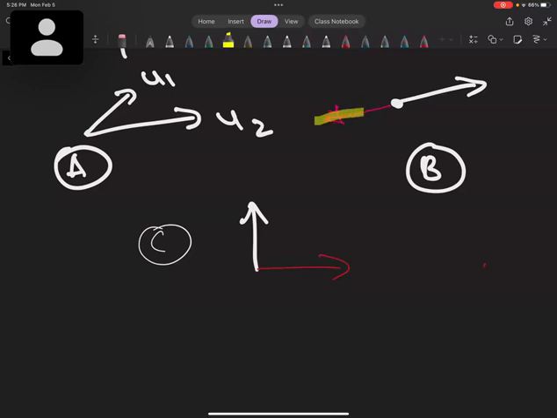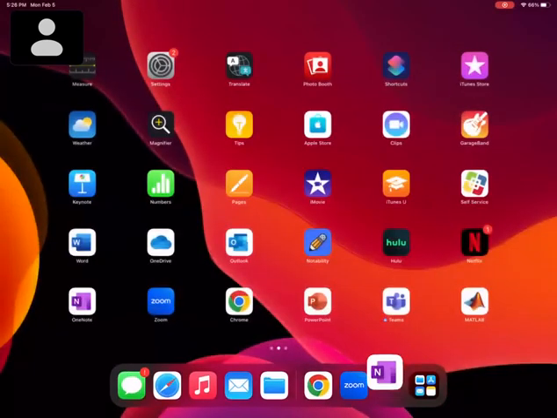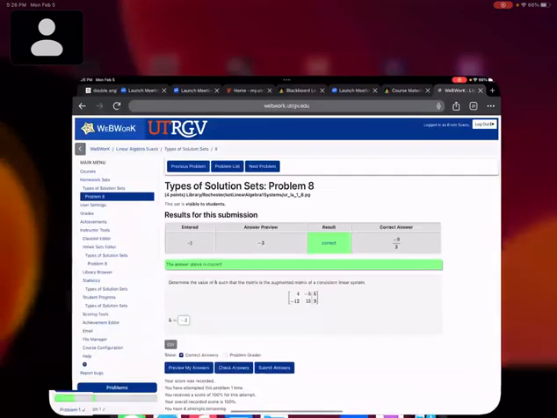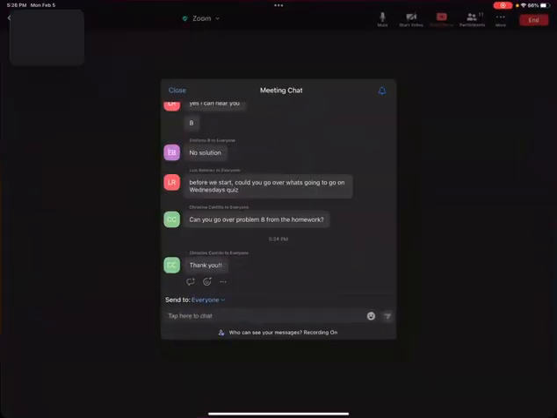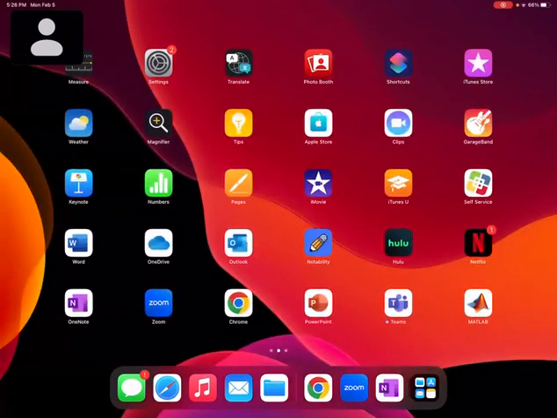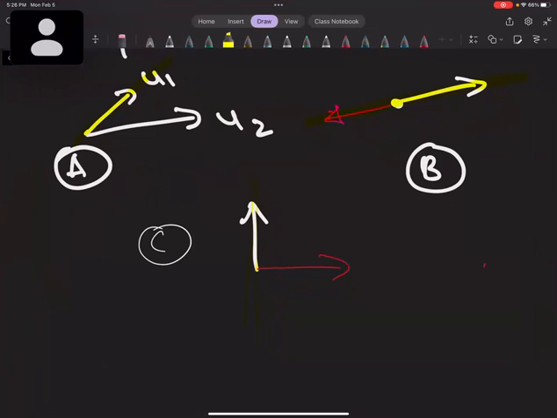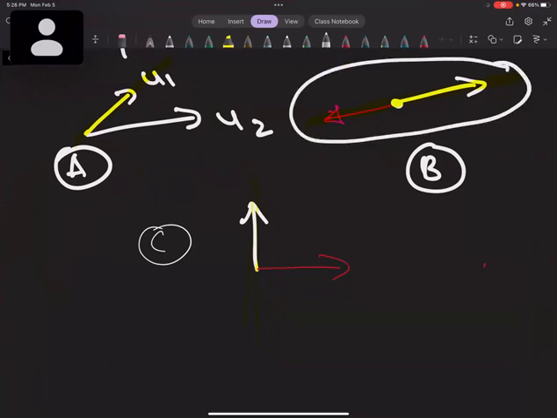So B is linearly dependent because it's in a line. These others are not linearly dependent because I cannot set them up in one line, in the same line, okay? Just for curiosity, is somebody chatting? No, okay. So what does it mean to be like this?